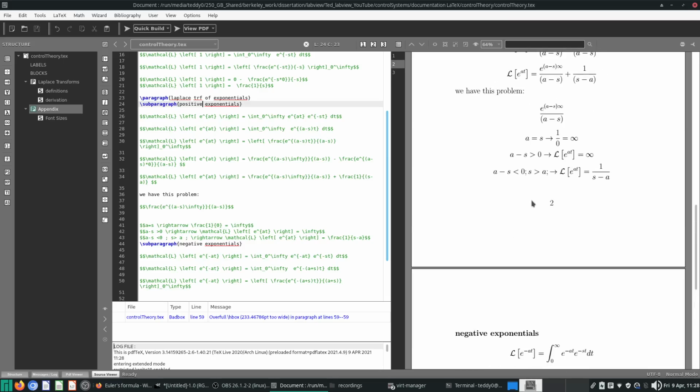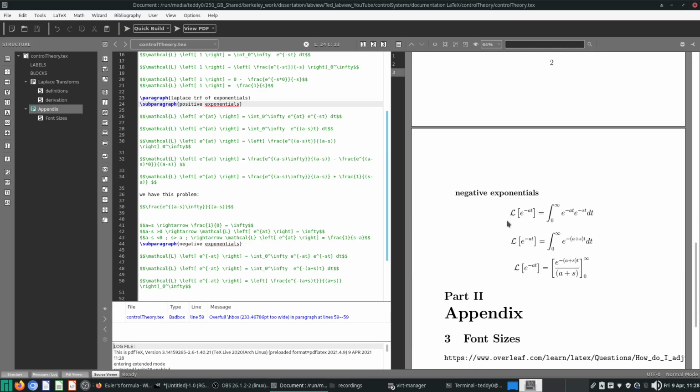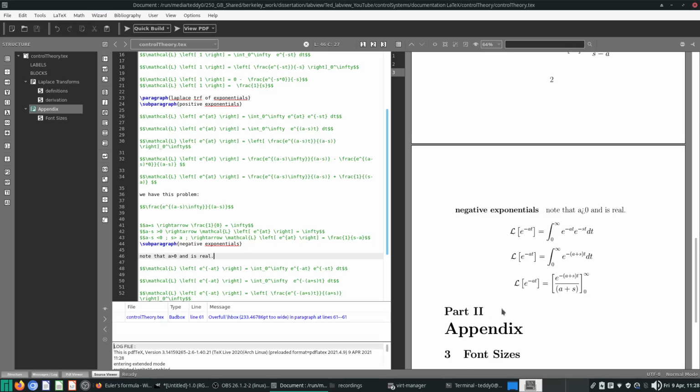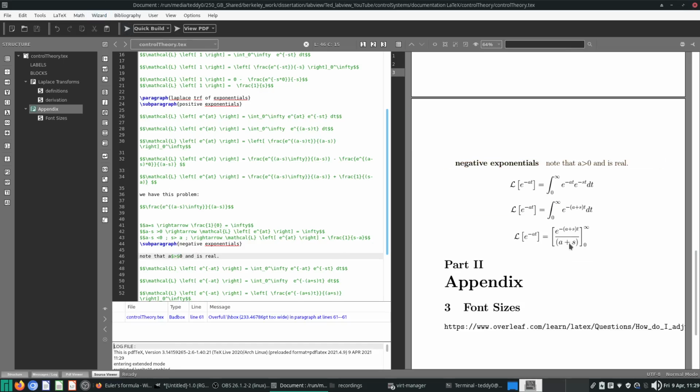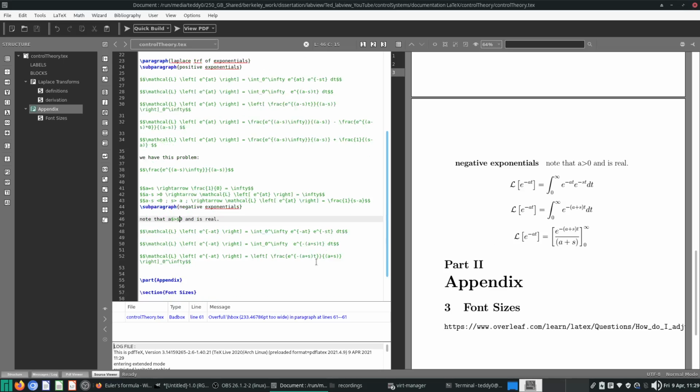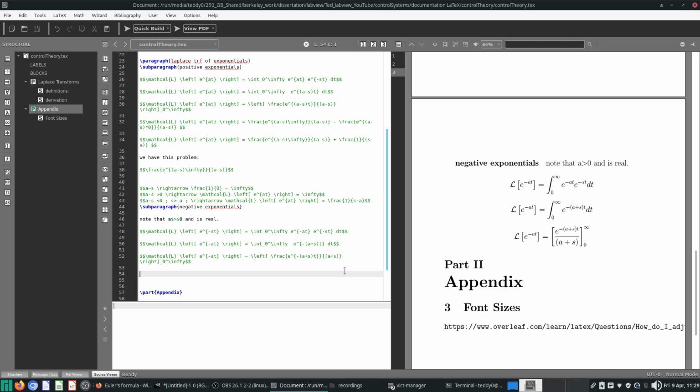So for positive exponentials we have a problem, but for negative exponentials, note that a is more than 0 and is real. Let's use the dollar sign here to turn this into a more than or equal to sign. a is more than 0 and is real, and s is of course a complex frequency.